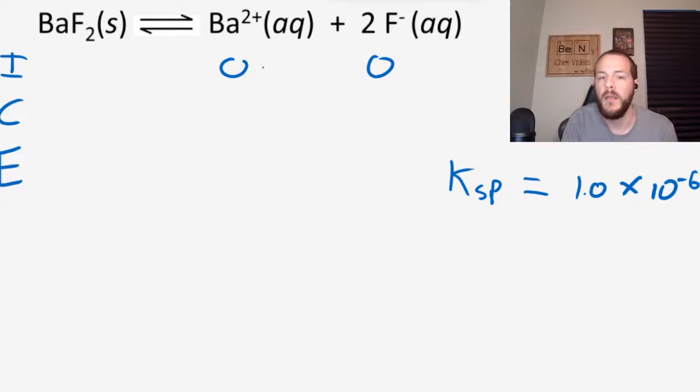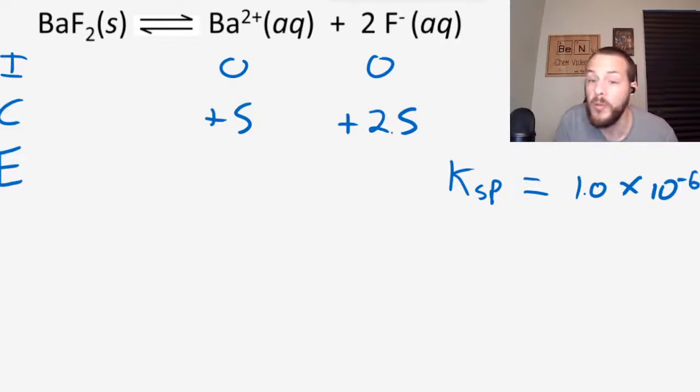And we know that throughout the course of the dissolution process, some of that barium fluoride is going to dissociate, and so the concentrations of barium and fluoride ion are going to increase by a value that we can assign a variable to. I'm just going to call it S, S for solubility. So the barium ion is going to increase in concentration by plus S, and the fluoride ion is going to be plus 2S.